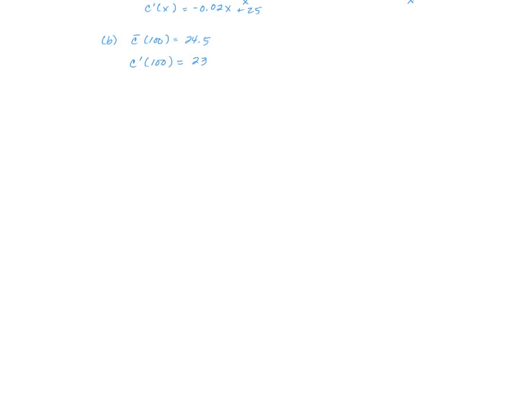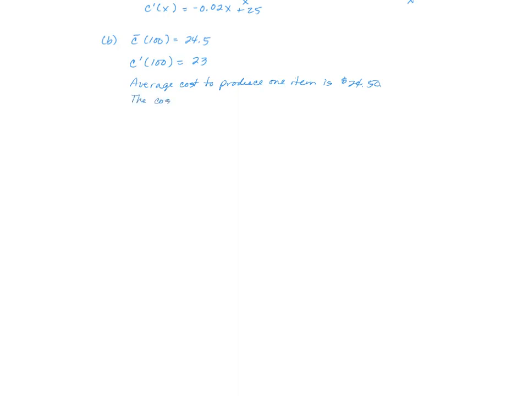So what does that mean? It means that the average cost to produce one item is $24.50.